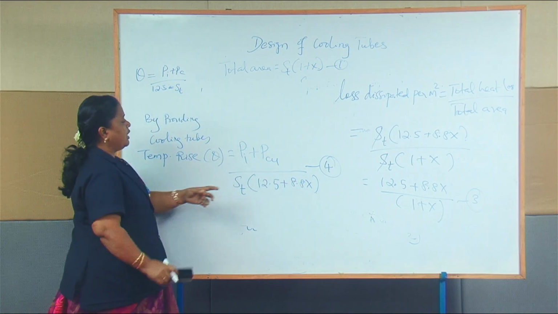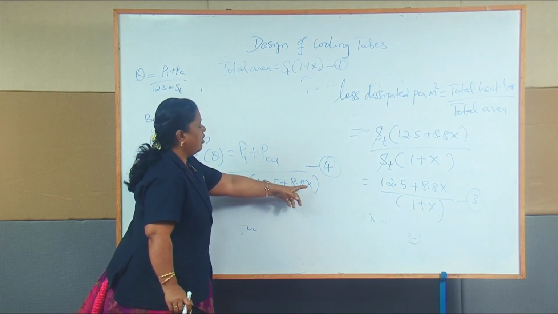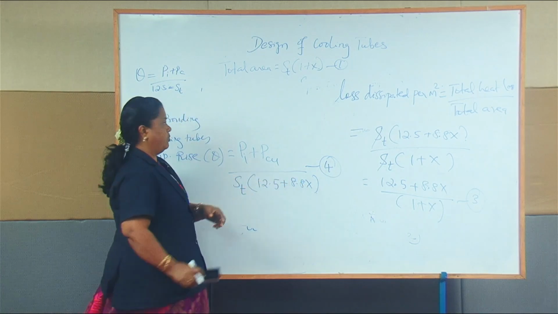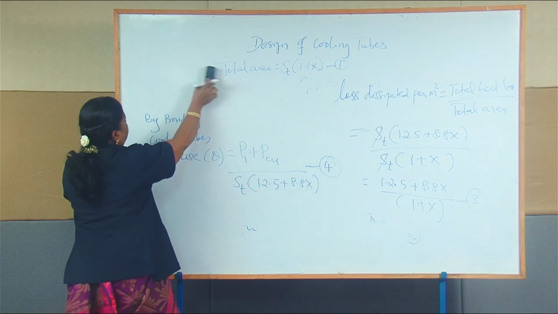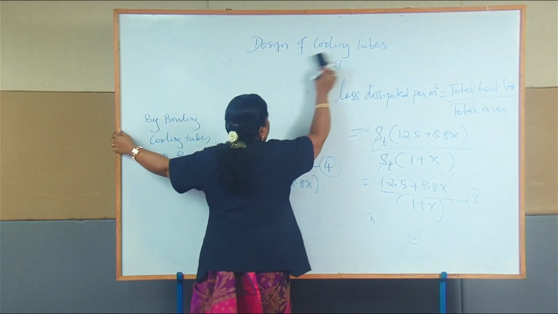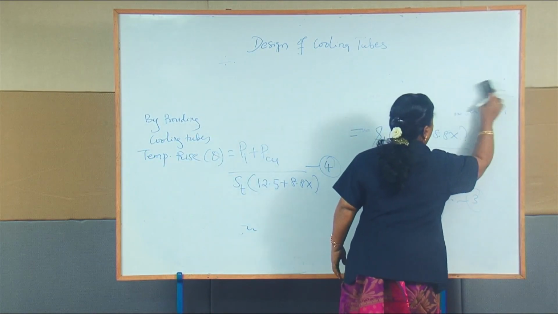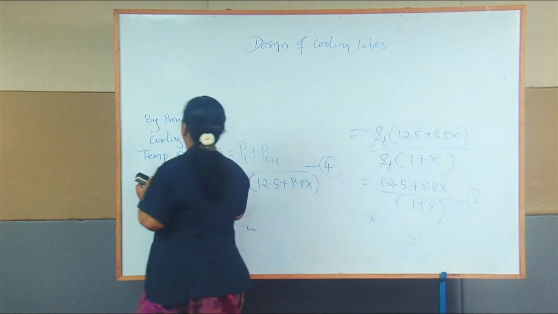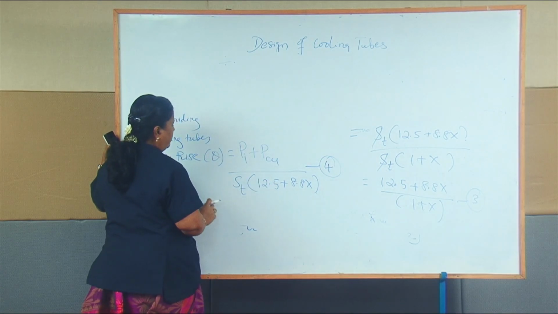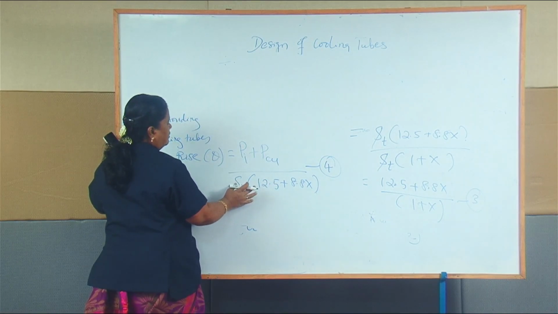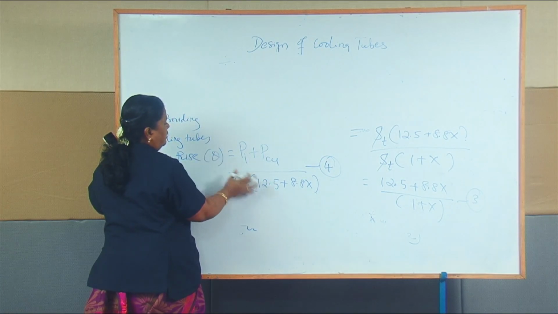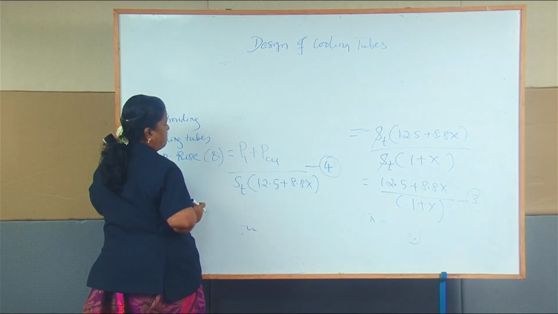So let us calculate the area occupied by the cooling tubes. We are going to find the value of x now. For that, let us interchange the denominator.